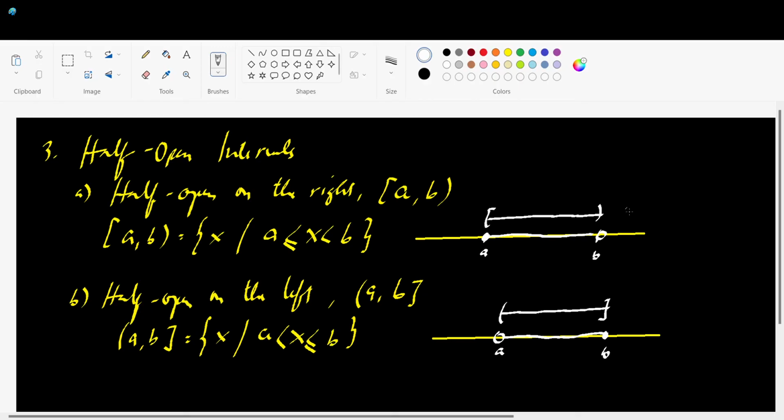You can either use brackets and parentheses or open and closed circles. You can use any of the two. You don't use both, just one. Choose one: either an open circle and a closed circle for open and closed endpoints, or parentheses and brackets. So half open on the right is the same as half closed on the left. Half open on the left is the same as half closed on the right.